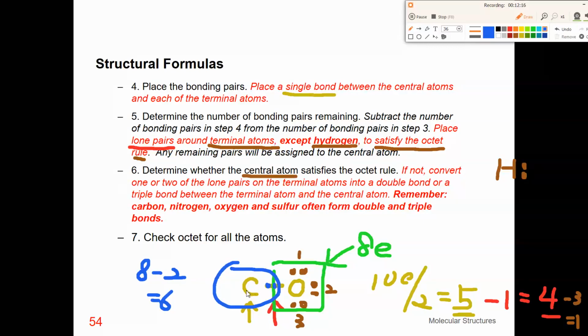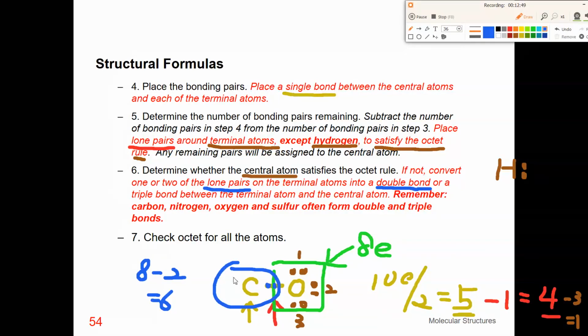How do we satisfy this carbon? We need to move the terminal lone pair electrons to the central atom to form a double or triple bond.